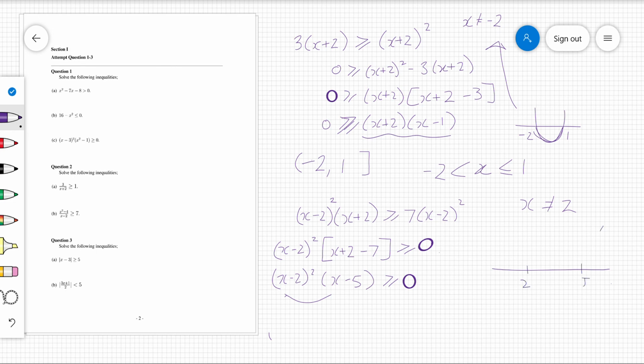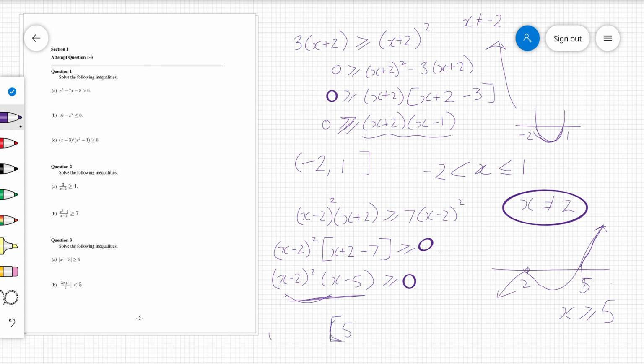So positive, here it goes through there and it bounces at 2. That should be a 5. Alright, so where is this curve greater or equal to 0? So this is the only place where it's greater. Here it would be equal to, but we know we can't have 2 as an equal to. So just x is greater or equal to 5. Another way to say that would be 5.